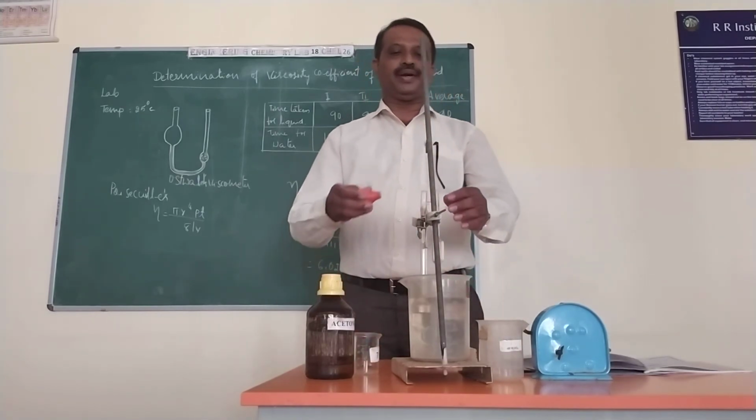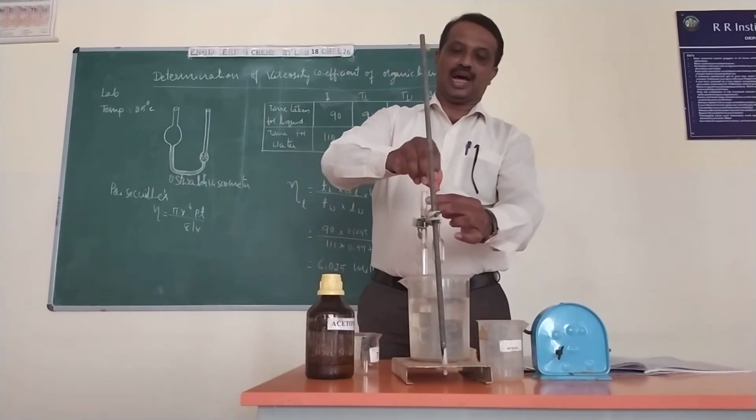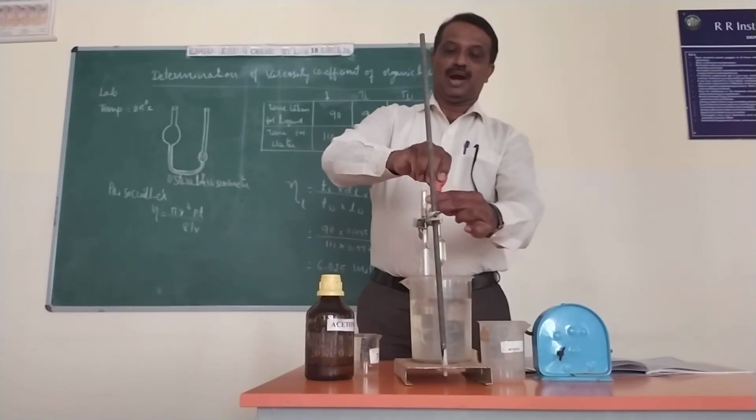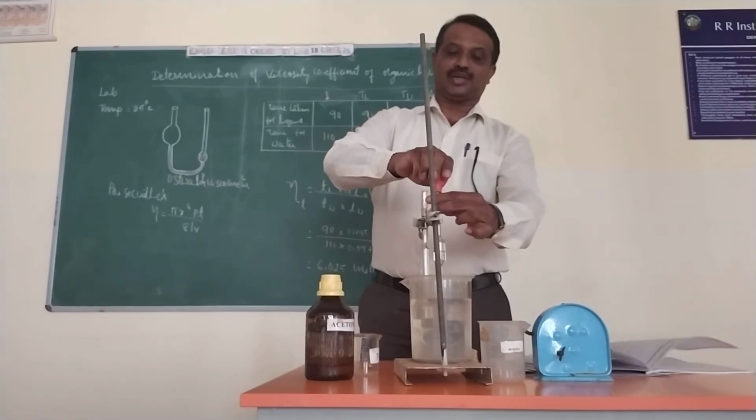I can repeat it for the next trial also. Take this rubber bulb and easily transfer the liquid from the larger bulb to the smaller one, then start the movement of liquid from the upper end to the lower end.